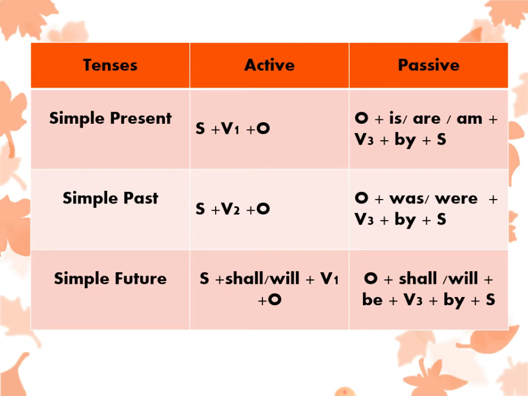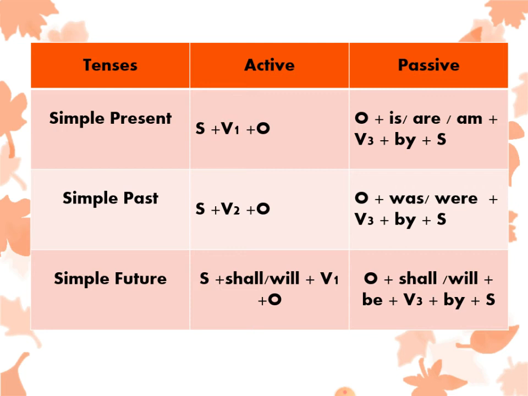Simple past, subject plus V2, that is the past form of the verb, plus object. When we change that simple past into passive voice, it becomes object plus was, were, plus V3 plus by plus subject.